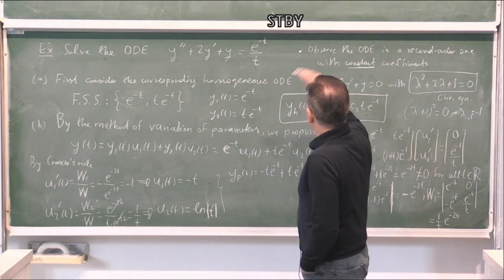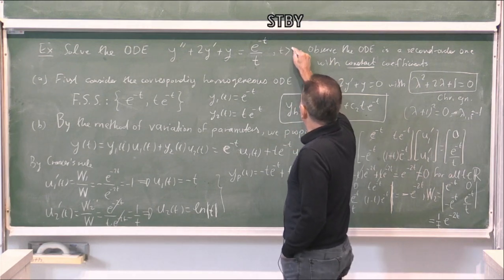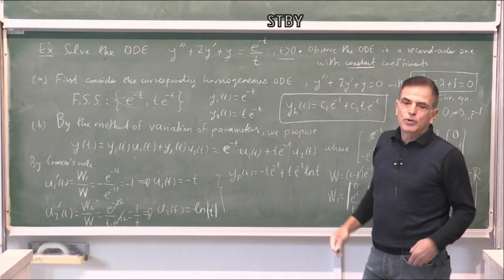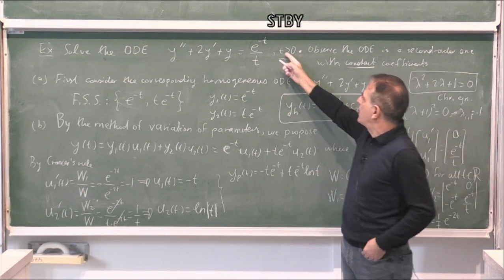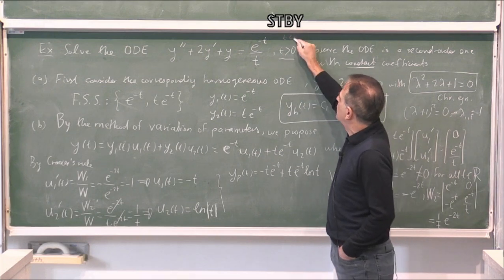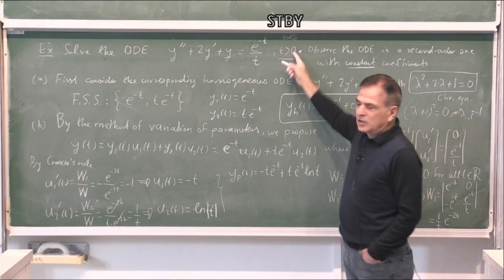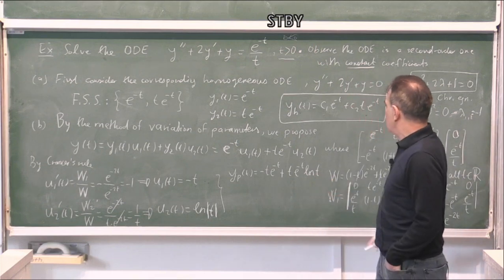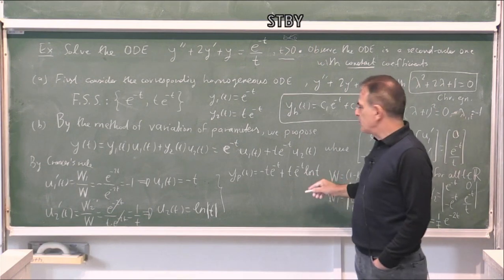I choose this interval, t positive. Okay? So there are two intervals, and I am looking for a solution which is valid either in this interval or this interval. So I choose this interval, so I write ln t, keeping in mind that ln t is defined when t is positive.